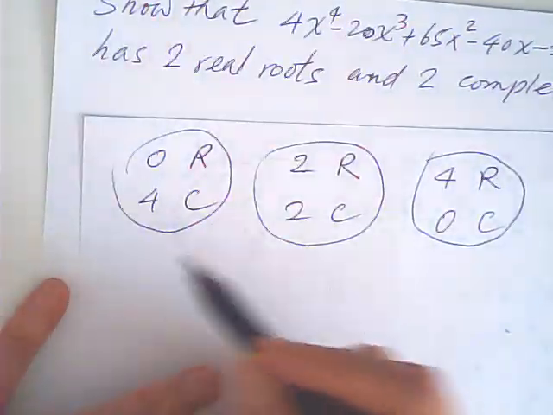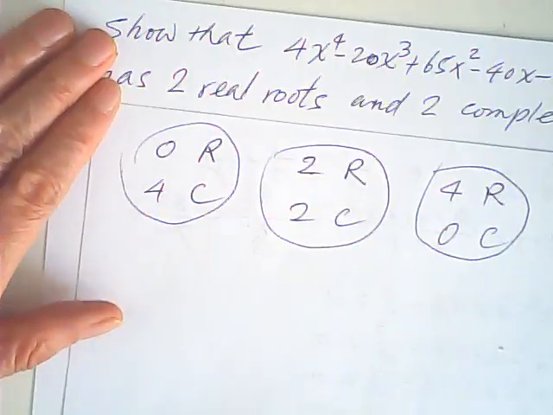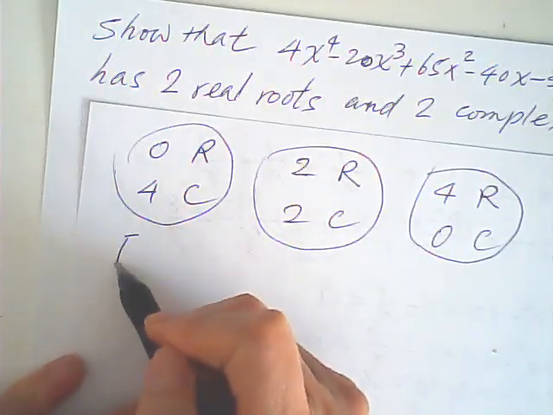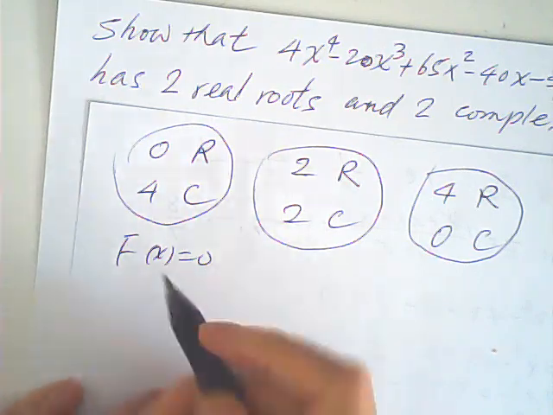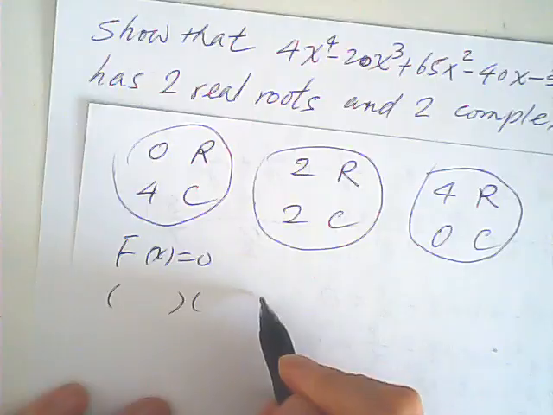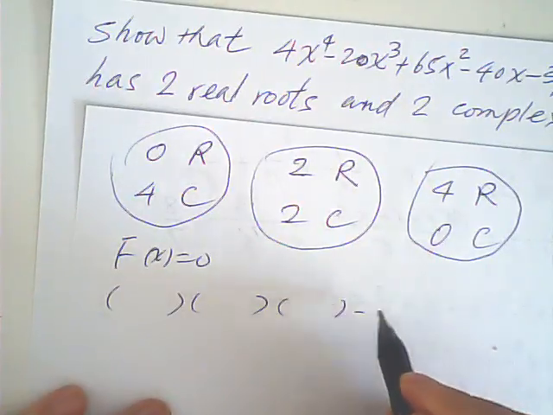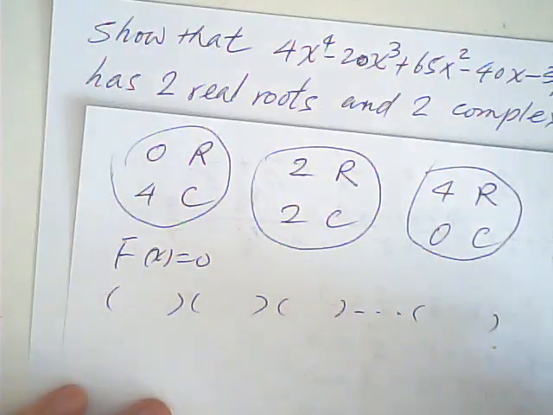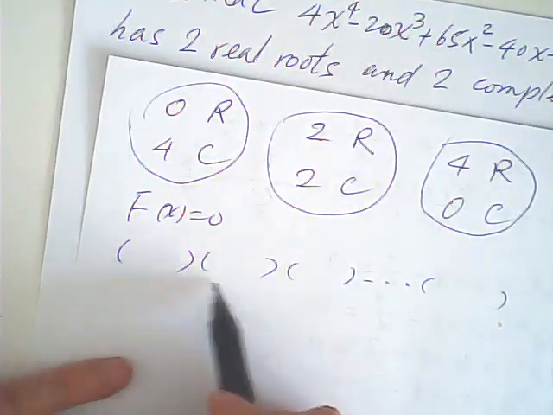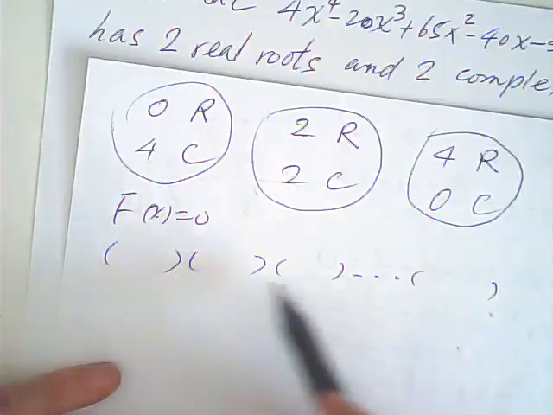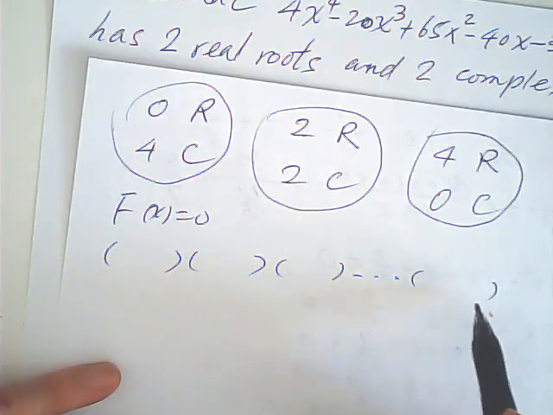Well, let me try to explain why. We have a polynomial equation, and the polynomial can be factored, equal to 0. And these factors are either linear or irreducible quadratic.